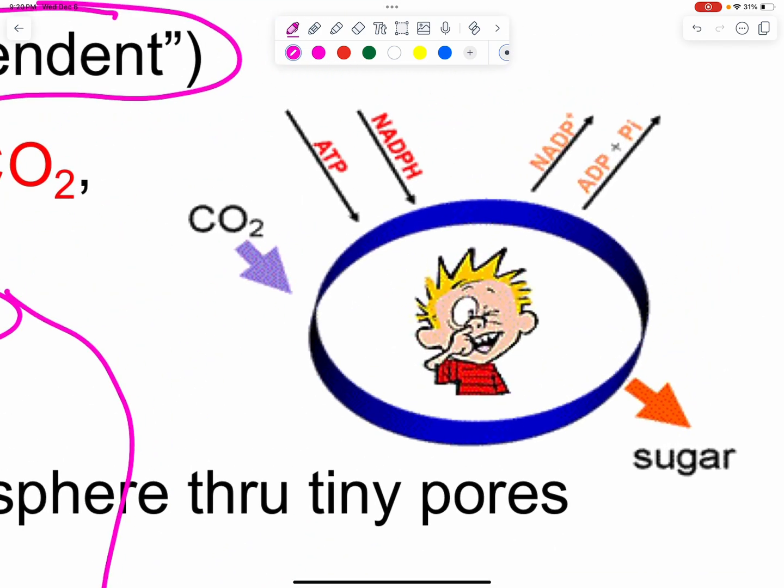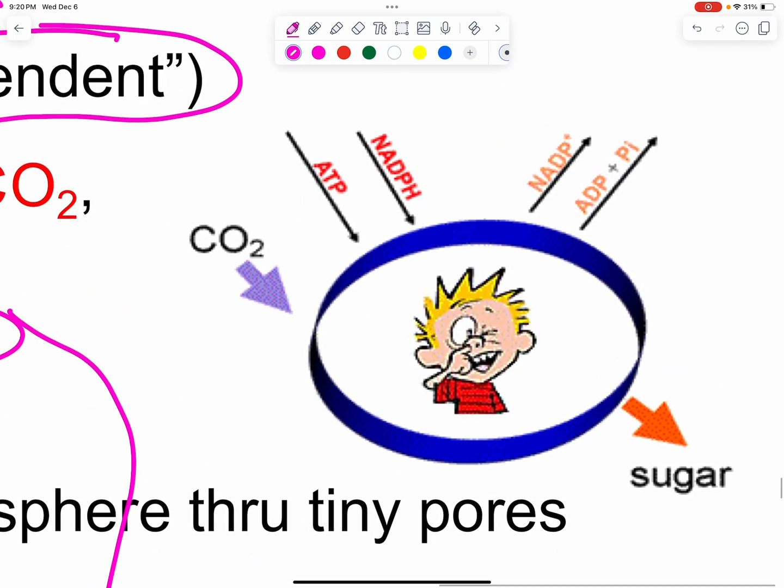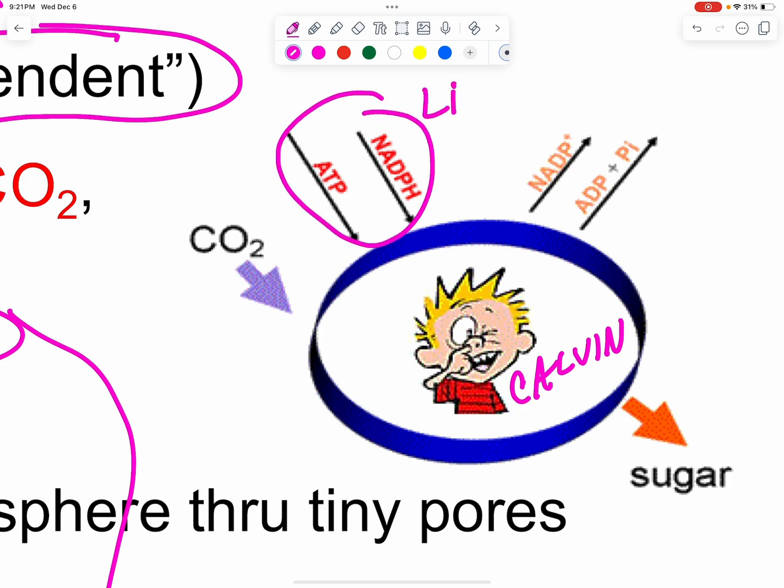This picture right here with Calvin from Calvin and Hobbes, this is the Calvin cycle. And what does it need? It needs the energy right here from the light reaction. Rx stands for reaction. It's going to use up this energy, so this energy right here is depleted when it's called ADP, and this empty electron carrier has to go back to the light reaction to get charged up again.